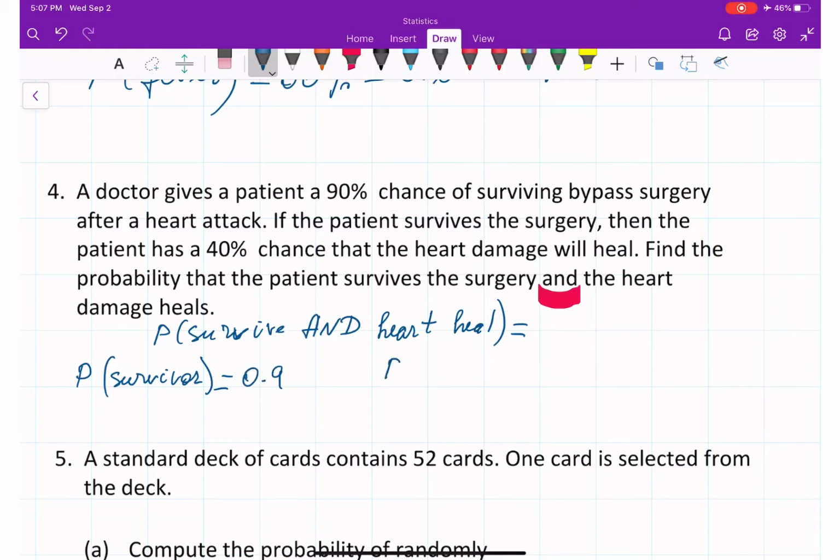And the probability of heart heal is 0.4. So here it is, 90%, 0.4. So therefore survive and heart heal is going to be 0.9 times 0.4, and it equals 0.36.